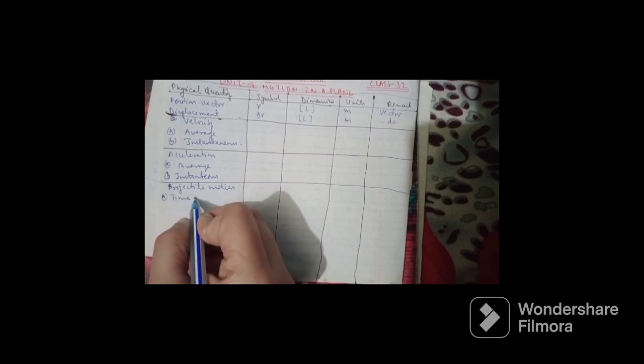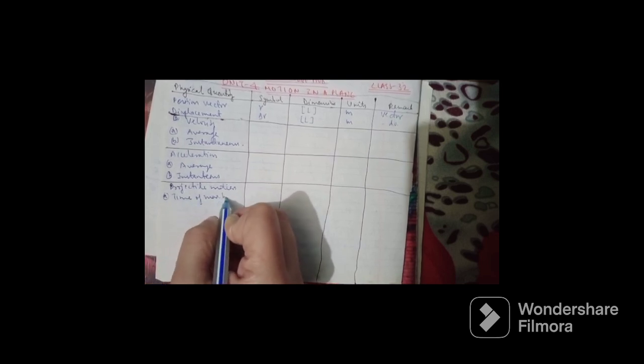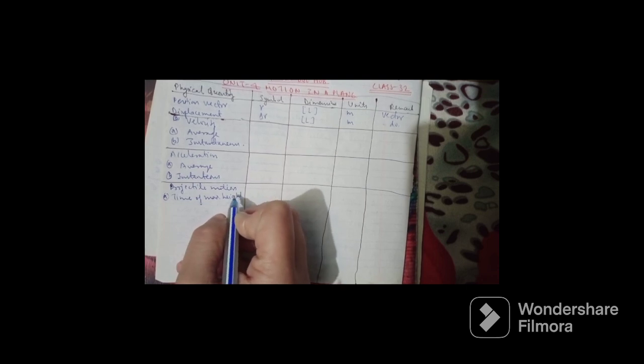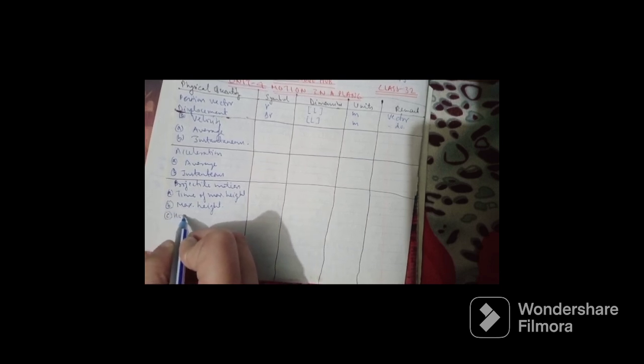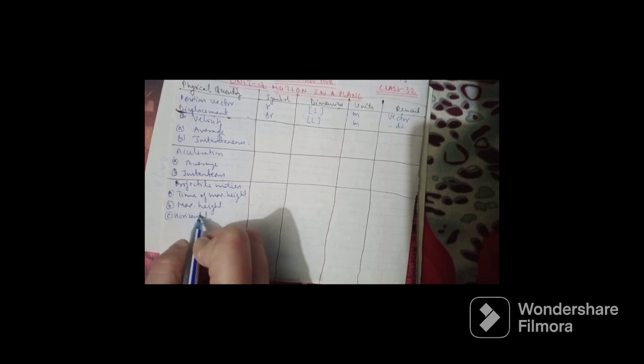In terms of projectile motion, first we go for time of maximum height, then maximum height, then horizontal range. Now we discuss circular motion, lastly.